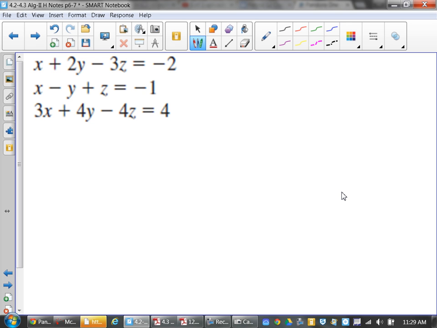Now, when I'm using determinants, it's pretty quick. We're still going to find the coefficient matrix and find its determinant. So basically within this problem, you're finding 4 determinants: the original, one with the x values, one with the y values, and one with the z values. So your original determinant, I'll let you guys write it down.